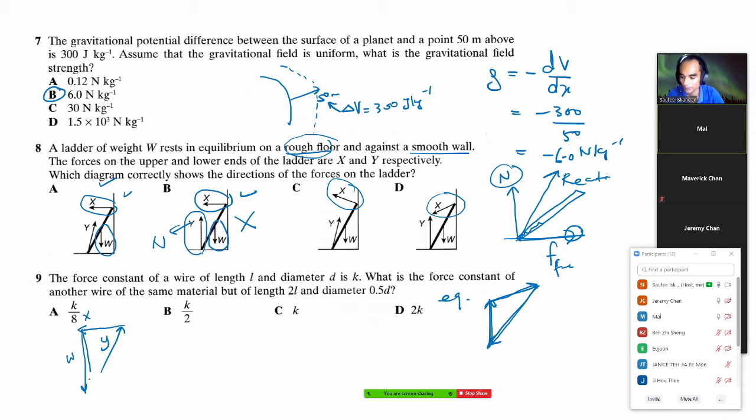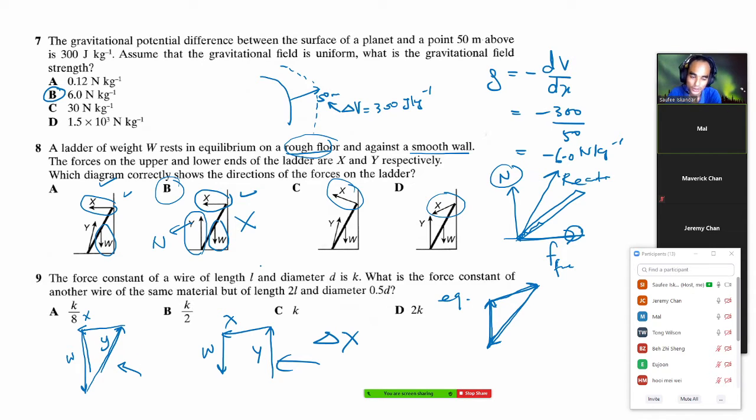Can you see? X, W, and Y form a triangle. If you select B, the triangle cannot be completed. It will not be a triangle. You can only have a triangle over here, and it happens only in equilibrium.